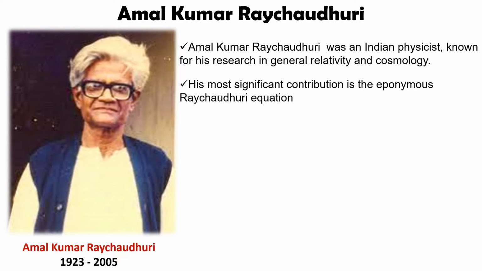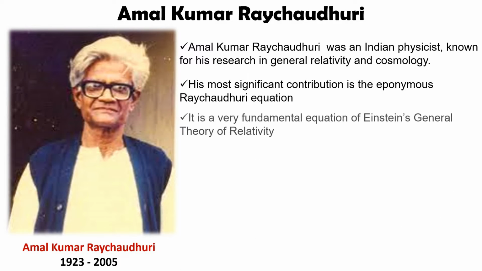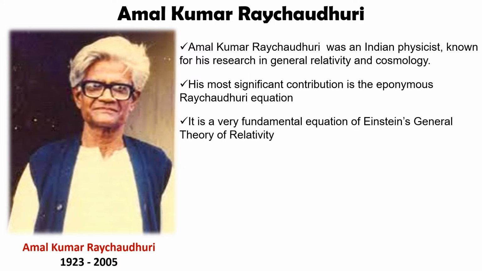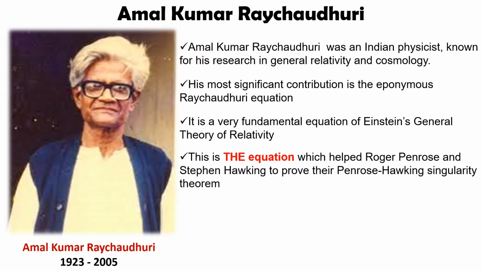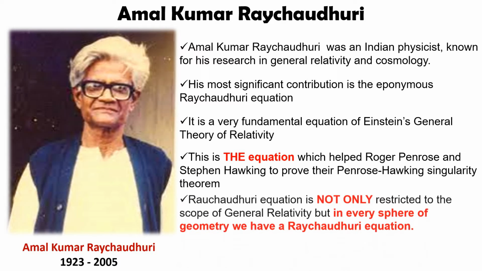His most significant contribution is the eponymous Raychaudhuri equation, a very fundamental equation in Einstein's General Theory of Relativity. We should remember that this is the most important equation which helped Roger Penrose and Stephen Hawking prove their very famous Penrose-Hawking singularity theorem.